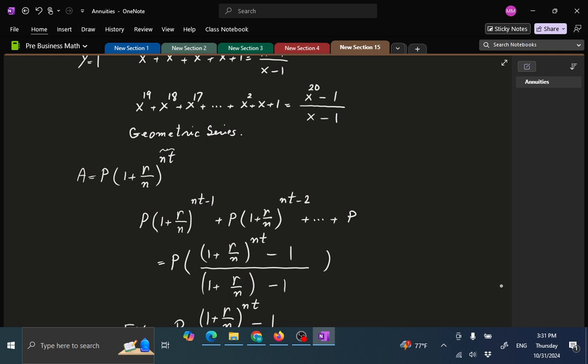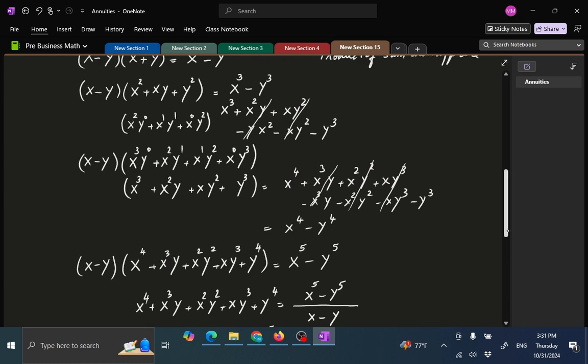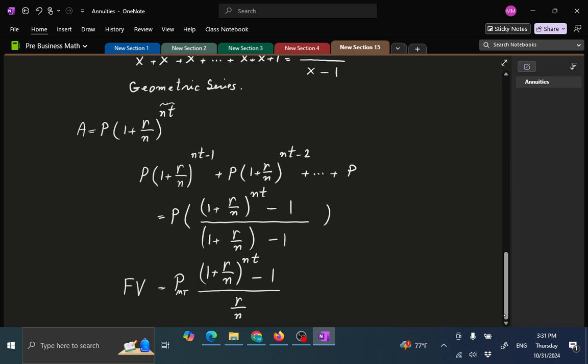We say this idea applies to interest rate calculations because every time you're doing compounding for one less period than the previous one, and we add all of these things in the annuity, and the total is going to be extracted from an application of geometric series. So I just wanted to mention that there is a basis for the formula that we are presenting here.